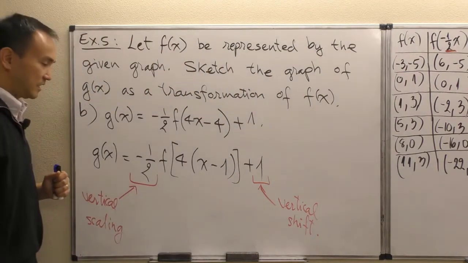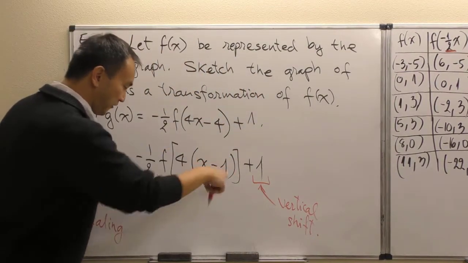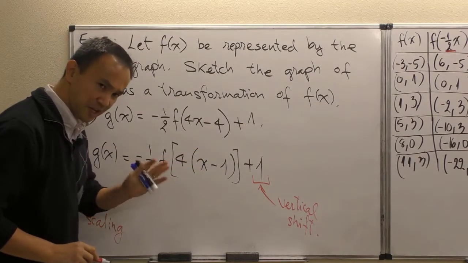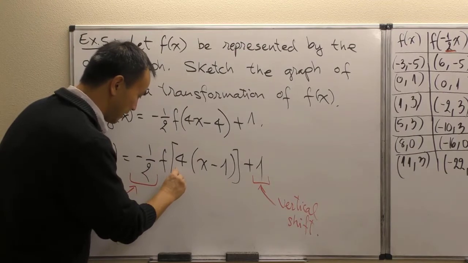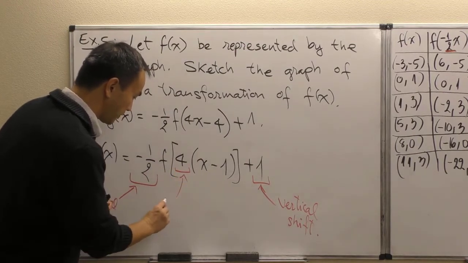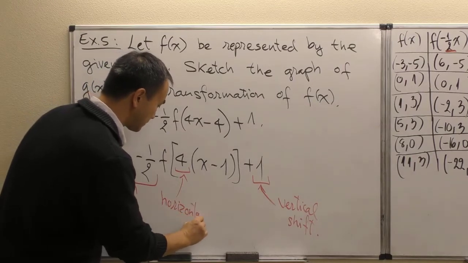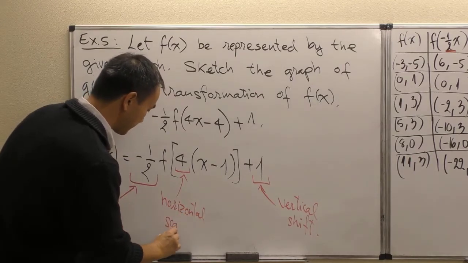And now inside of our function, let's look at that linear expression inside of our parent function, in factor form already. Then I'm expecting we're going to have some horizontal scaling.